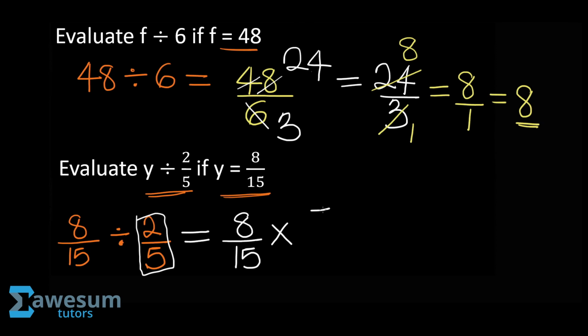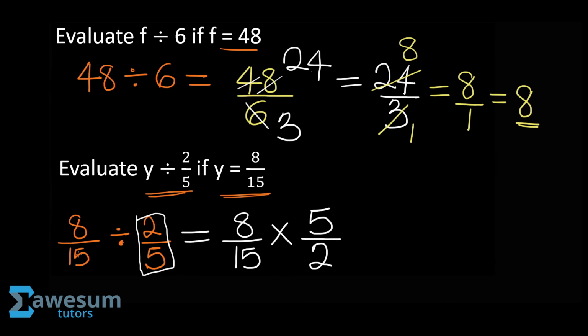It becomes 5 over 2. If you don't get this concept very well of how to divide fractions, I will encourage you to go back to our video where we discussed this concept. For a link to that video, please see the link below.